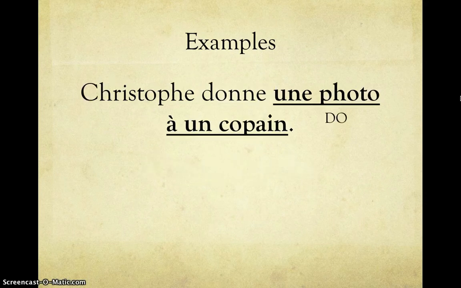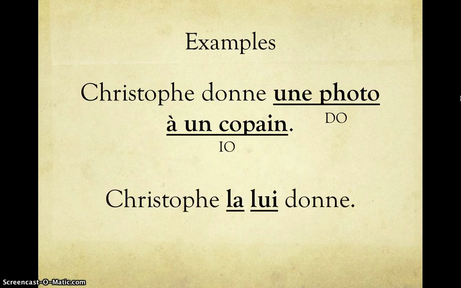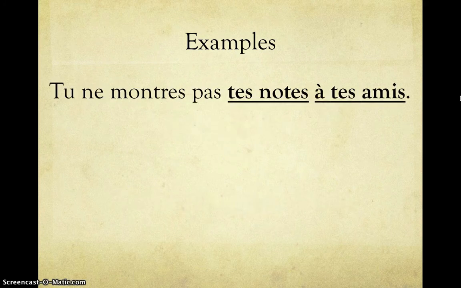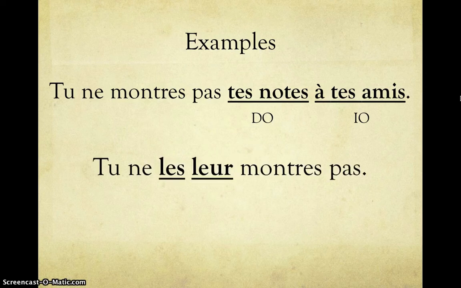Une photo, the direct object, à un copain, the indirect object. The sentence becomes Christophe la lui donne. And one more. Tu ne montres pas tes notes à tes amis. Direct object noun tes notes, à tes amis, indirect object, becomes tu ne les leur montres pas.